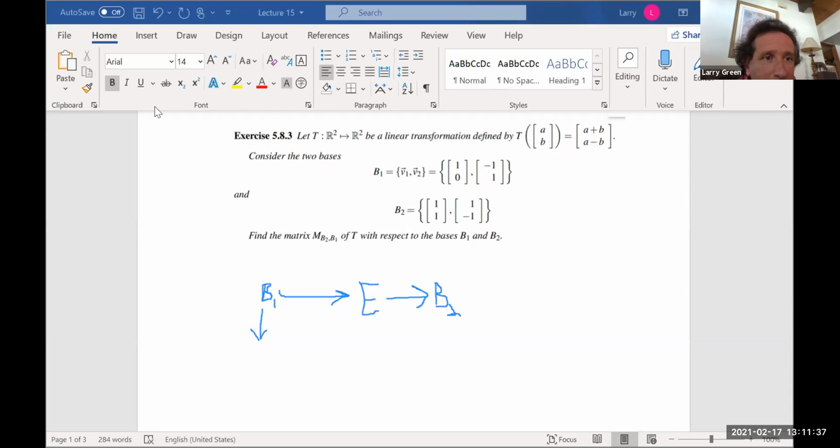All right, so let's go with text then. B1, E, B2.